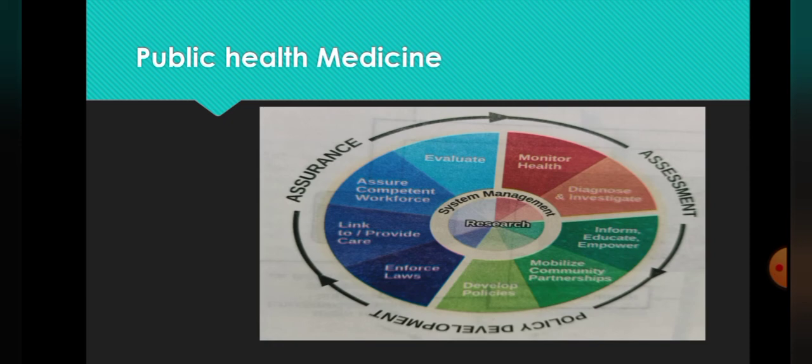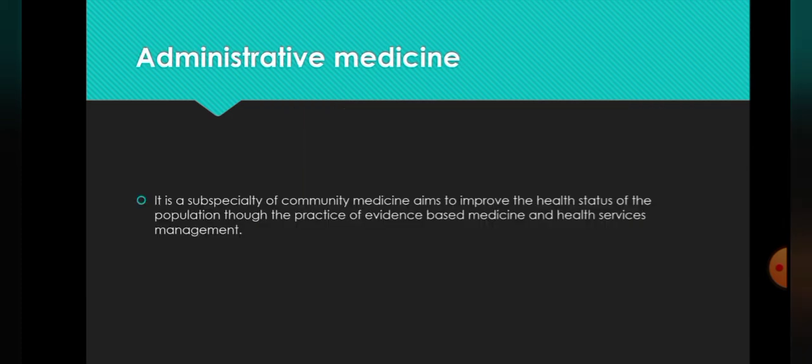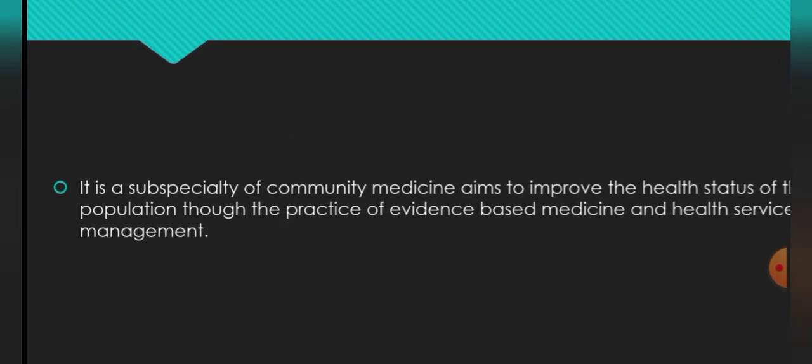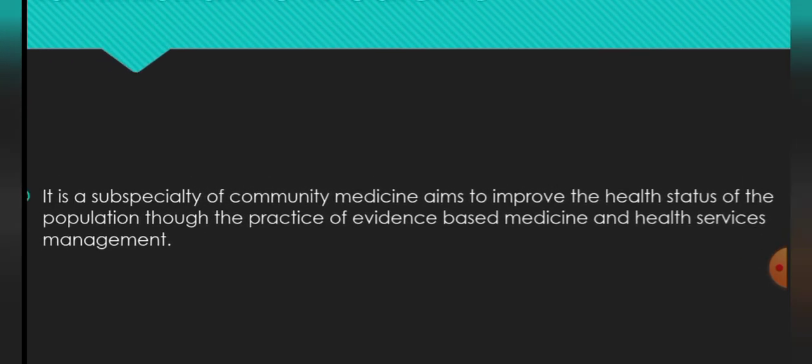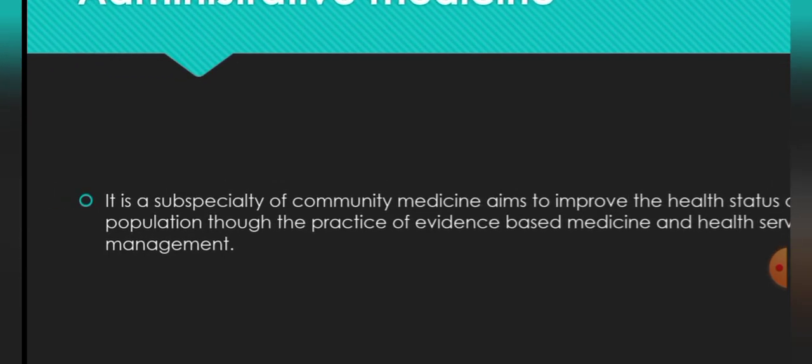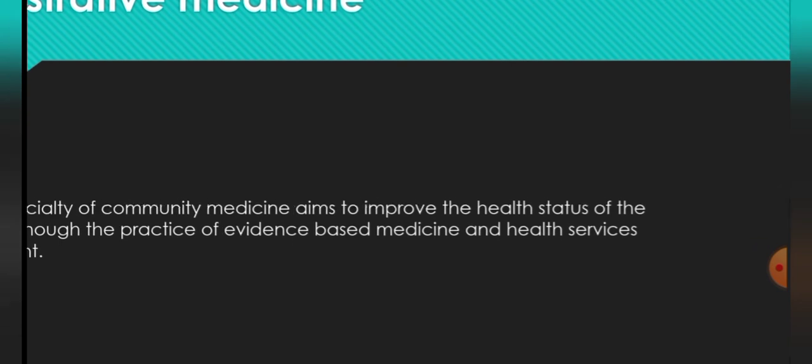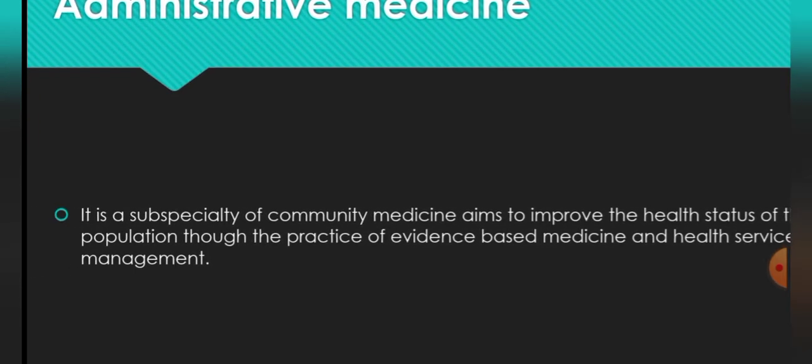It shows that assessment, policy development, and assurance are necessary to work together. Administrative medicine is a specialty of community medicine that aims to improve the health status of the population through the practice of evidence-based medicine and health service management.